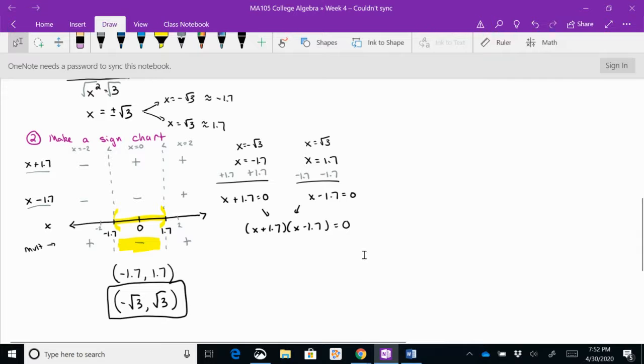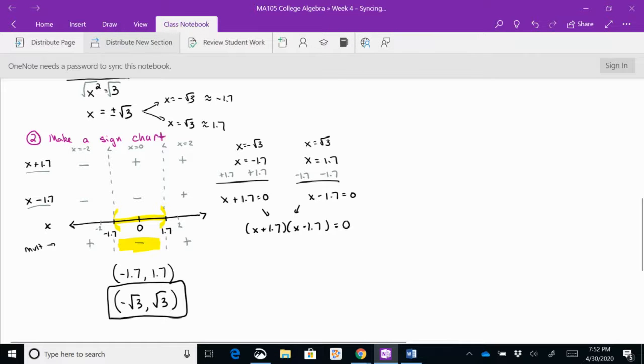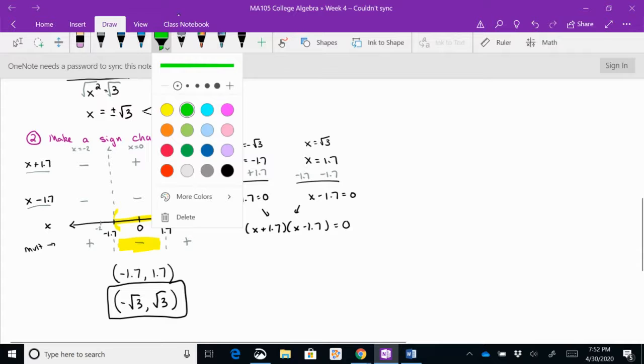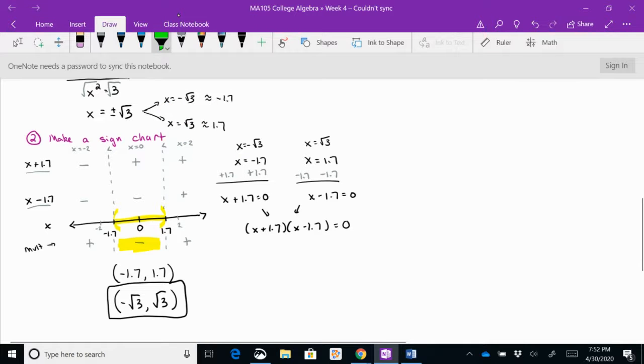You plug in numbers. So you pick a number in each area, and then you plug it in. For this example, I'll highlight the area where I wanted to figure out the signs: numbers that are smaller than negative 1.7. So I picked negative 2.